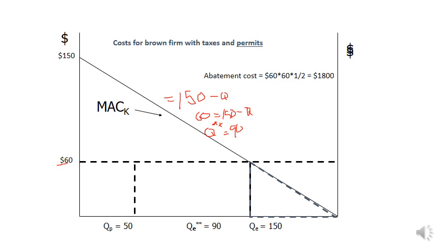How much does it cost them to abate 60 units? Well, it costs them this triangle, 1/2 base times height. Abate 60 units at a height of 60 is the same abatement cost they have from last time, 1,800. So they're polluting now 90. But something's different from last time, which is they've been given the right to pollute up to 50 units.